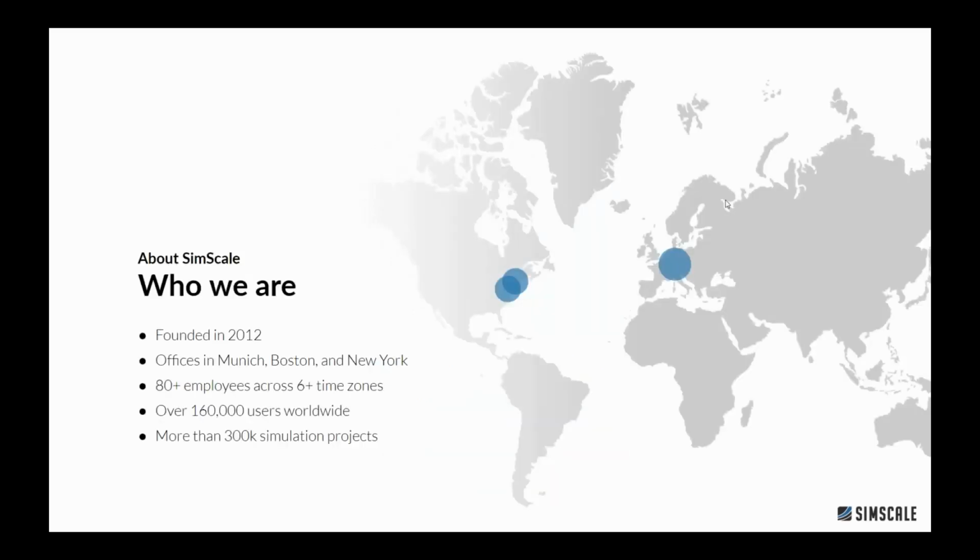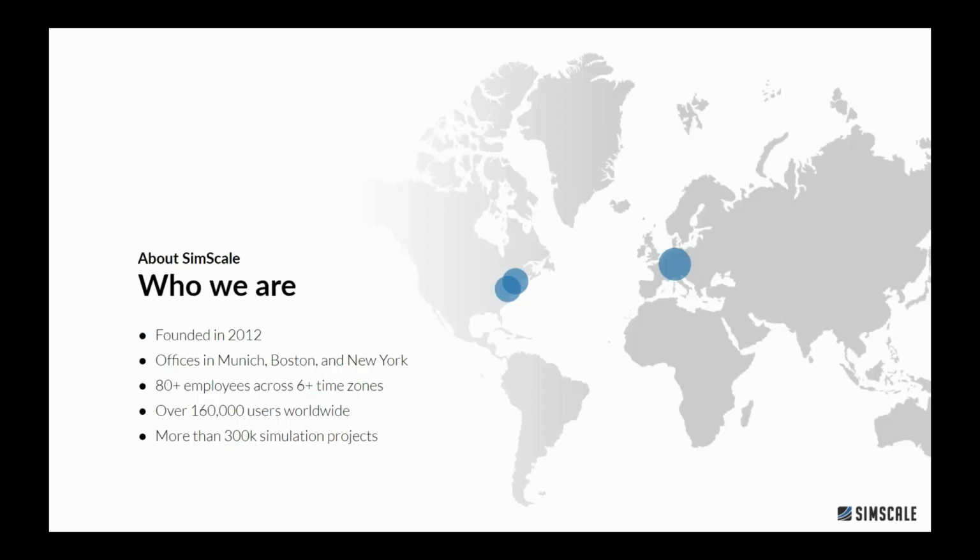So a bit about SimScale before we get started. SimScale was founded in 2012, and our offices are located mainly in Munich, Boston, and New York. We've grown six times over, to more than 80 employees, so we're really growing faster and faster.